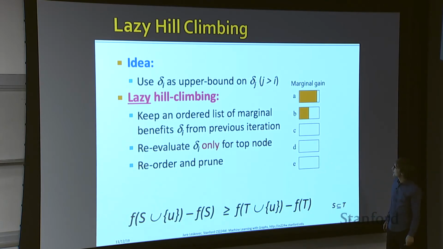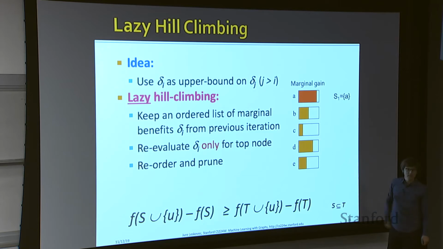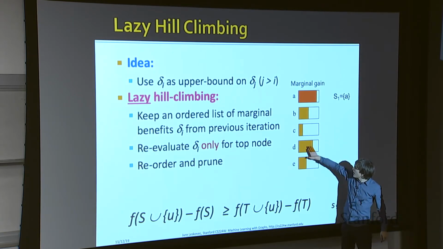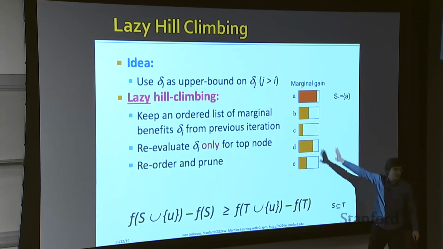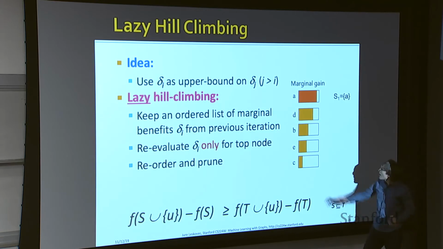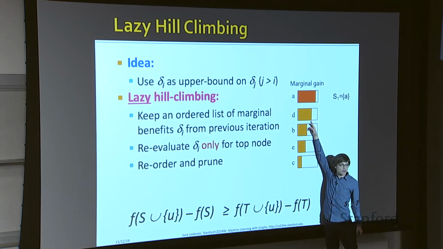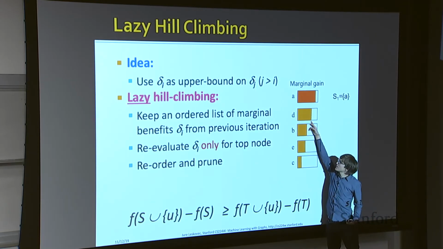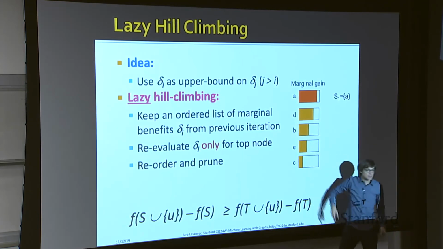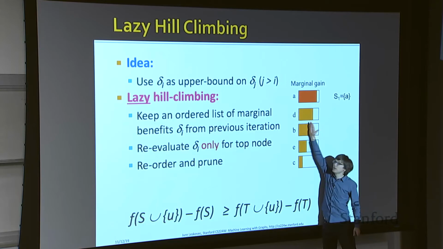At the first iteration, I evaluate the benefits, pick the best one and add it to my placement. But now I sort the rest based on the marginal benefits at round 1. I reorder them, and now these serve as upper bounds on the largest possible benefit of sensor D when I add it to node A, because I know its benefit will only shrink.